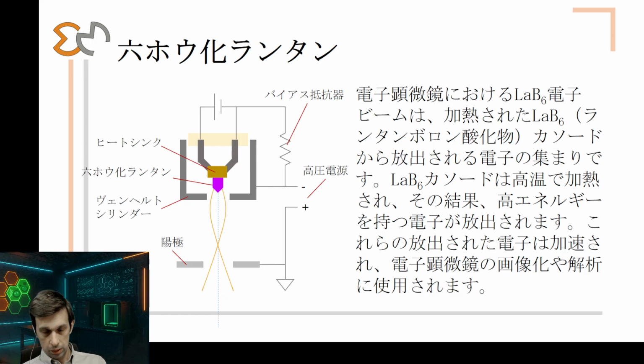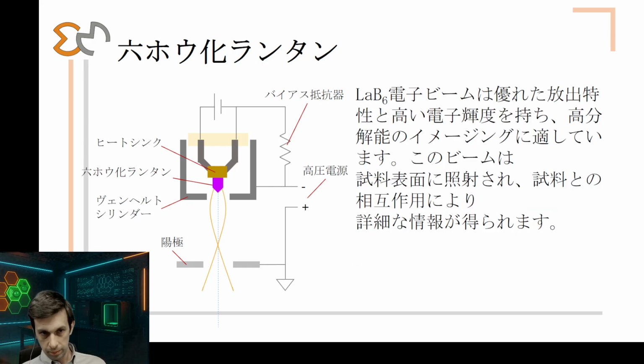When we go to lanthanum hexaboride, the crystal, the cathode of lanthanum hexaboride, emits electrons when it's heated at high temperature. And then again, just like the tungsten, these electrons are accelerated through the surface.